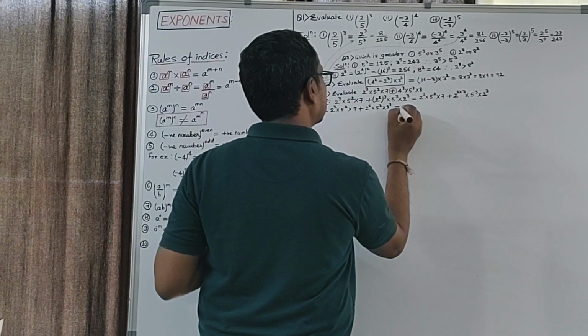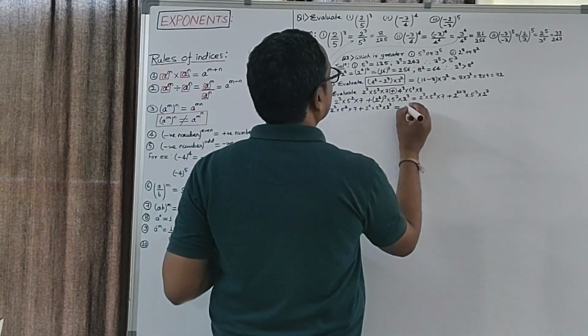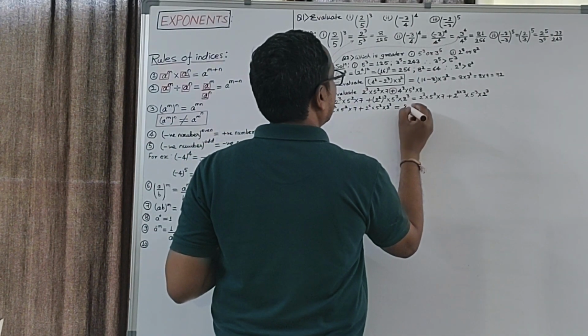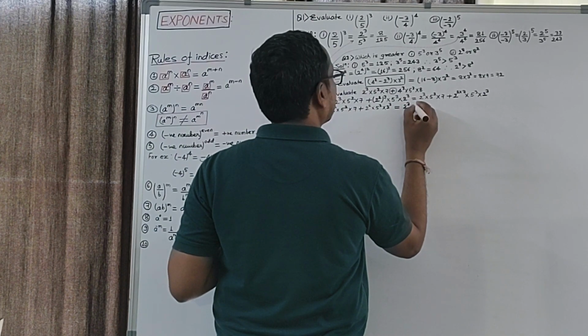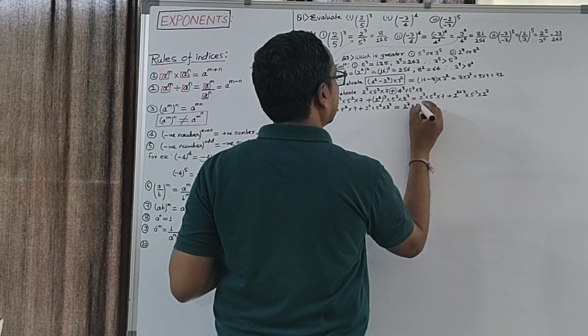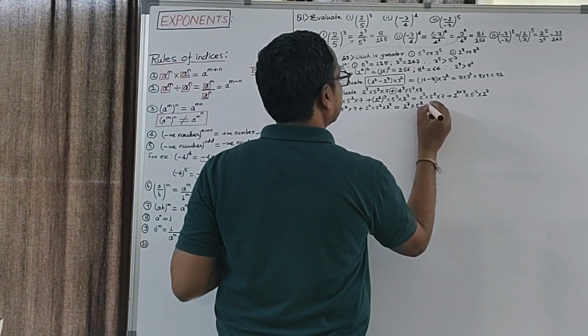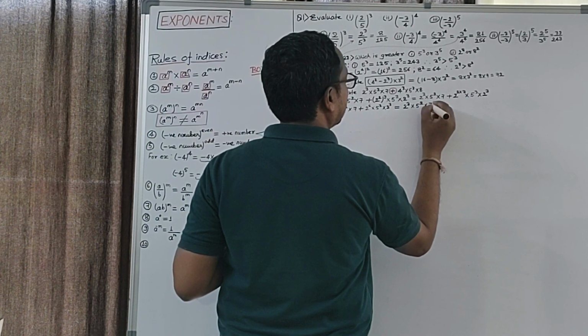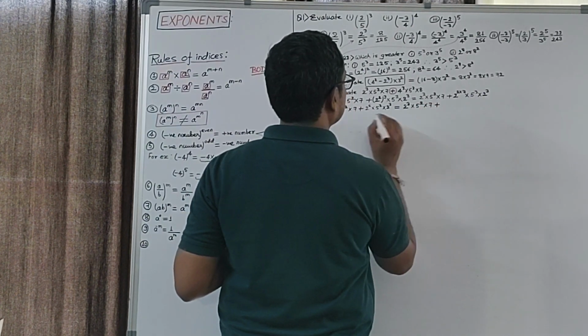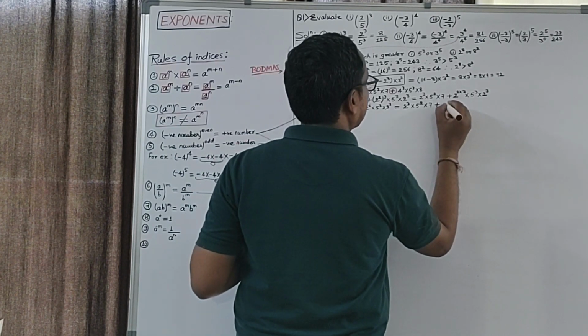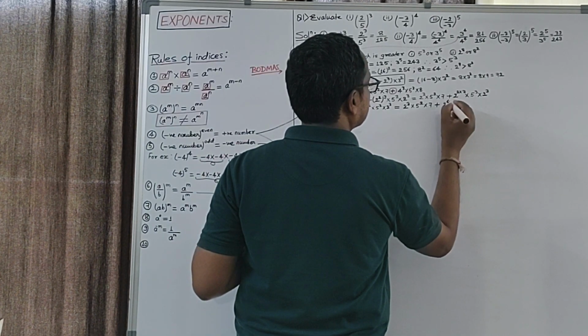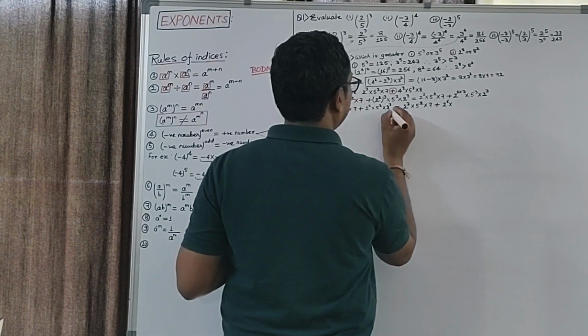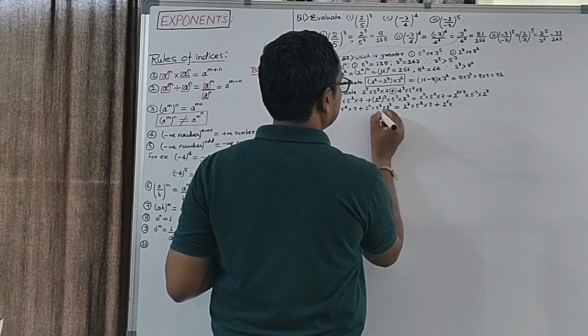Okay? So let us do one more thing. 2 cube into 5 square into 7, right? And then put plus. Can we write it as 2 to the power 6 into, can I bring this 2 cube here?